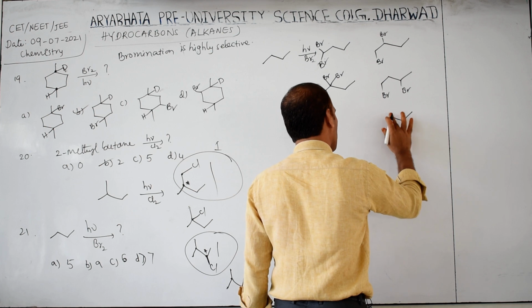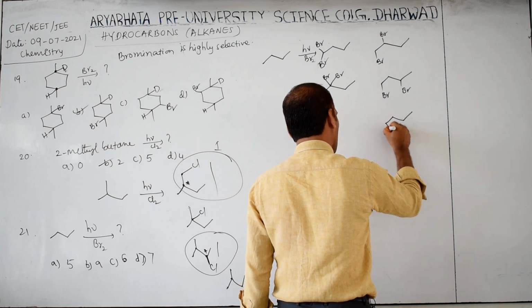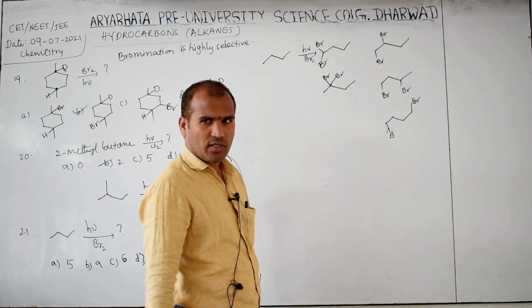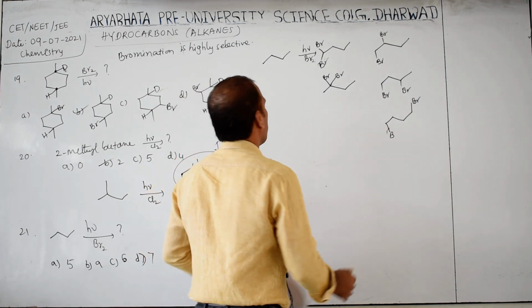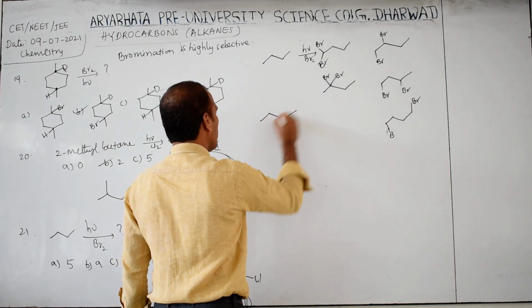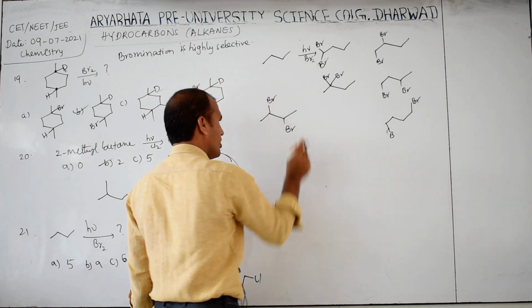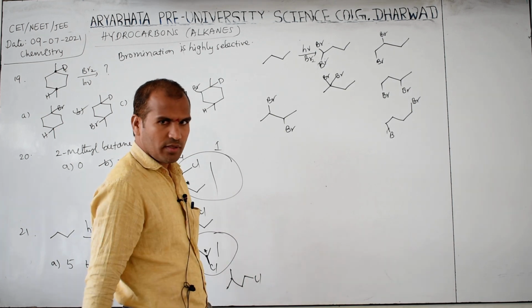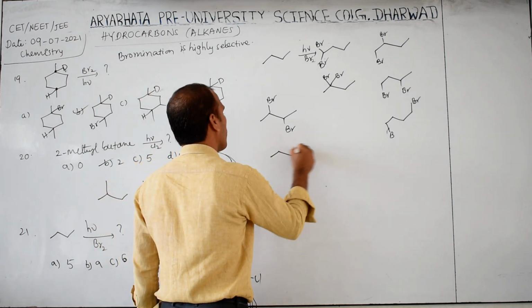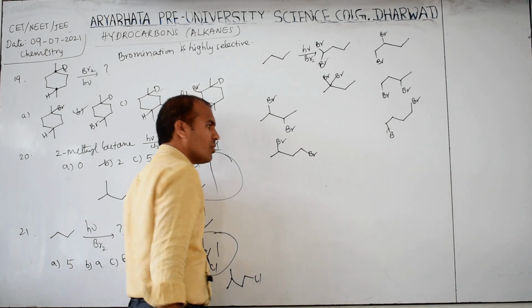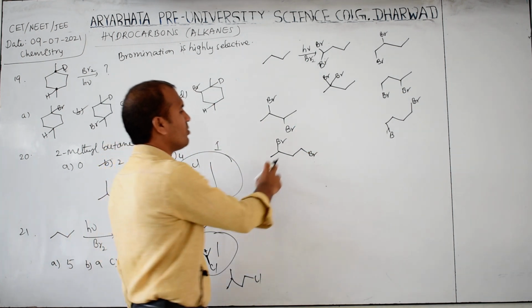Another possibility, 1,4. Yes or no? Next possibility: this is bromine, this is bromine. This is which one? 2,3. Another possibility, 2,4. This 2,4 is not the same anywhere.